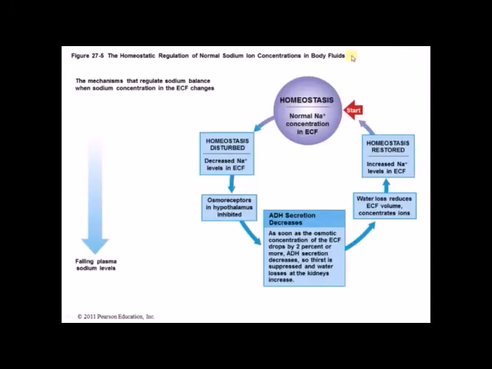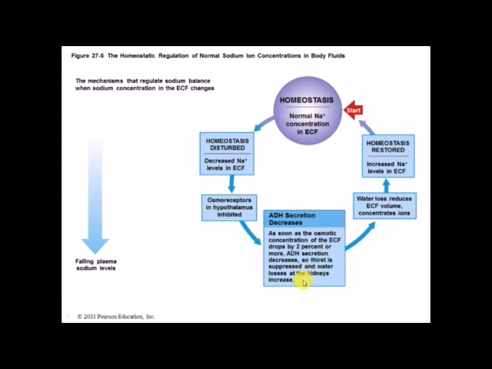And then this is, again, normal sodium concentration. So you have decreased levels of sodium in your extracellular fluid. So the osmoreceptors in your hypothalamus are going to be inhibited. So ADH is going to be shut off. As soon as the osmotic concentration of the extracellular fluid drops by 2% or more, ADH secretion decreases.